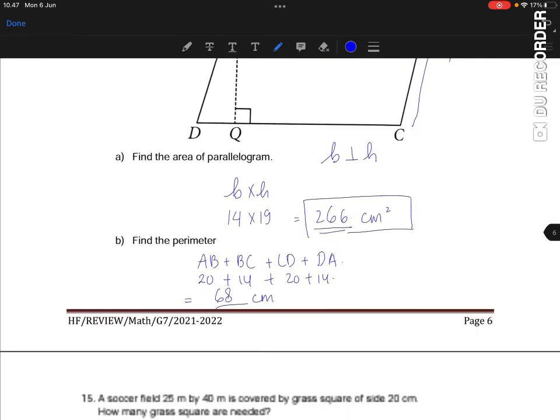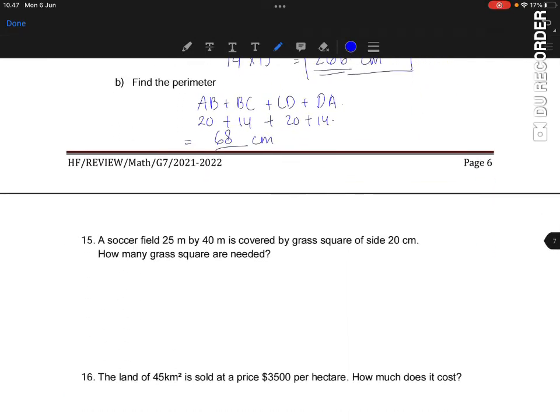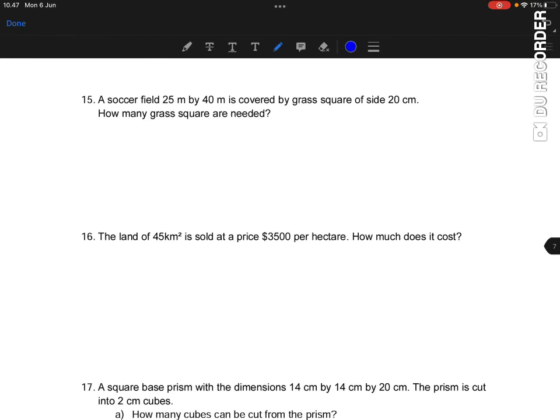Move on to number 15. A soccer field 25 meters by 40 meters is covered by grass squares of side 20 centimeters. How many grass squares are needed? Okay, so you need to find the area of the soccer field. It's 25 multiplied by 40, which is 1,000 meters square.